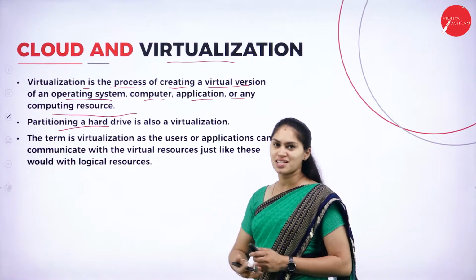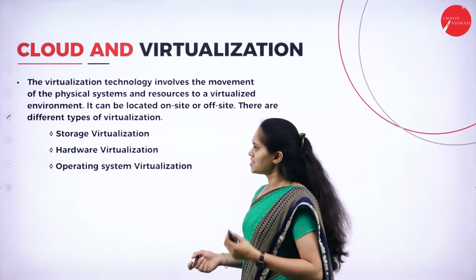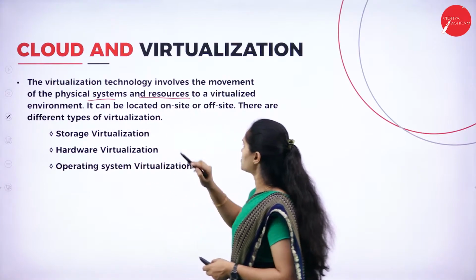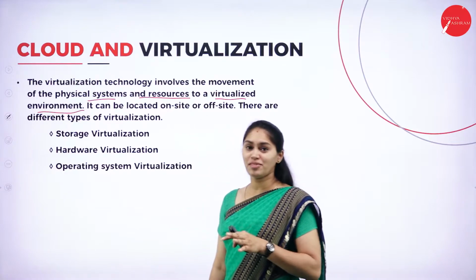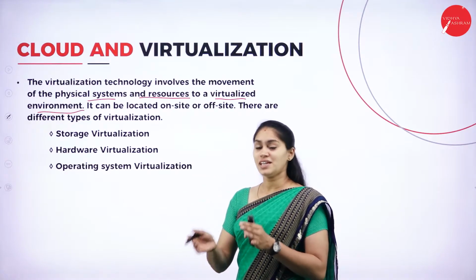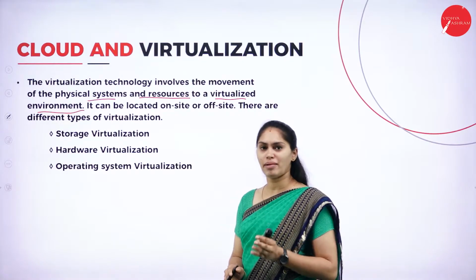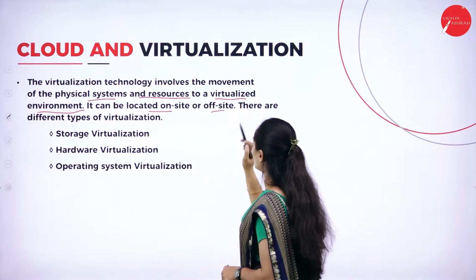So what does virtualization mean? We are migrating from physical systems and resources to a virtualized environment. It is not presented physically, but it works as if it existed. It can be located on site or off site.